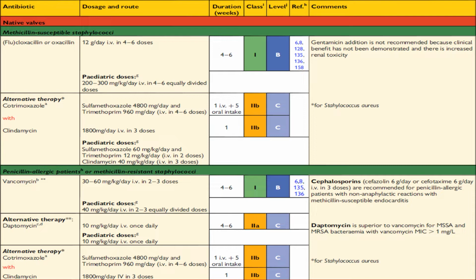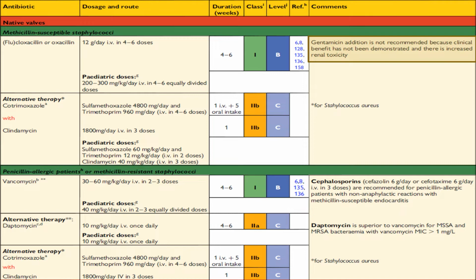You can use oxacillin, cloxacillin, or flucloxacillin, depending on availability of the agent, 12 grams per day divided in 4 to 6 doses for 4 to 6 weeks. Only one agent is enough. If previously for empirical therapy you used gentamicin, you can withdraw it now when you know that the cause is Staphylococcus aureus, because the risk of renal toxicity outweighs the benefit.